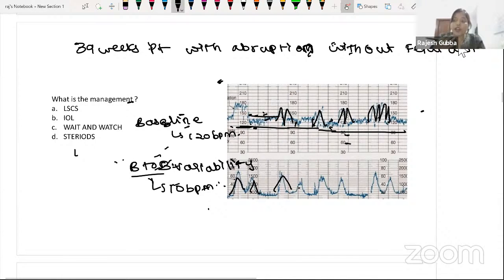I'm telling you this again and again, because this is the same concept question you got in your FMGE 2020. The concept of the question is the same, only the framing is different. I tried to put a little more masala in the question so that you reach that question. So I'll quickly speak about abruption here.